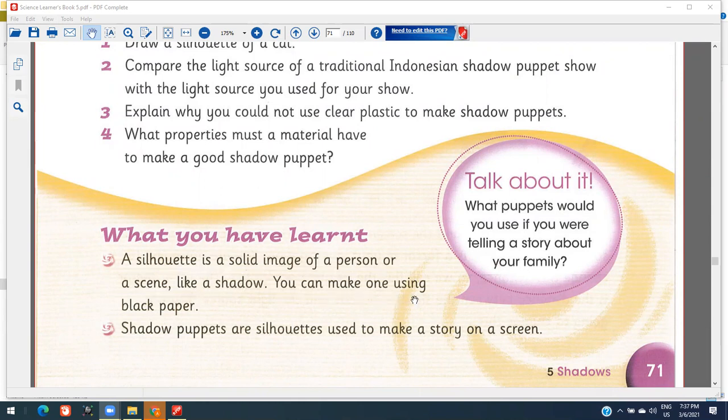You can make one using black paper. Shadow puppets or silhouettes are used to make a story on the screen. What is a shadow puppet? A story on the screen, for which we mostly use shadows.